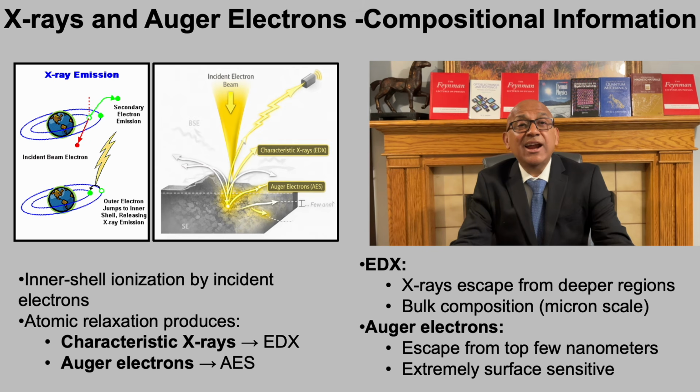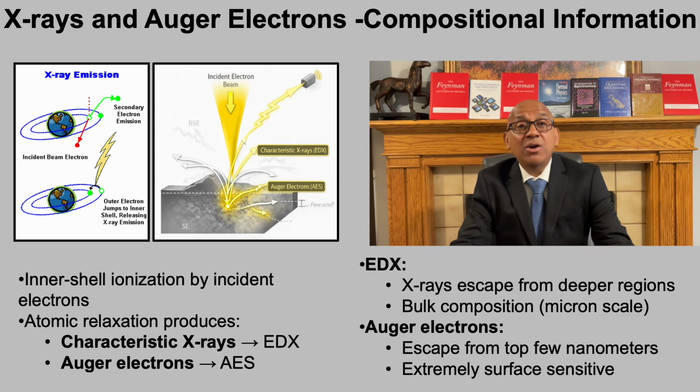Alternatively, the excited atom can relax through a different pathway known as Auger electron emission, where the excess energy is transferred to another electron instead of being emitted as an X-ray. The resulting Auger electrons have very low energies and can escape only from the top few nanometers of the surface.